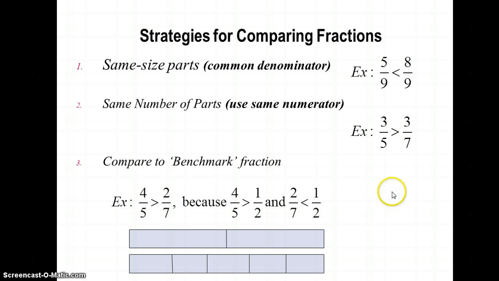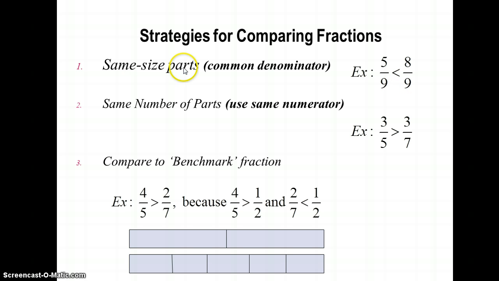Okay, so a couple things we want to talk about with comparing fractions is, and we did this a little bit on the last notes when I showed you the online manipulative that you could compare fractions. So one way is to compare fractions that have the same denominator, and that's what we usually do when we talk about getting a common denominator.